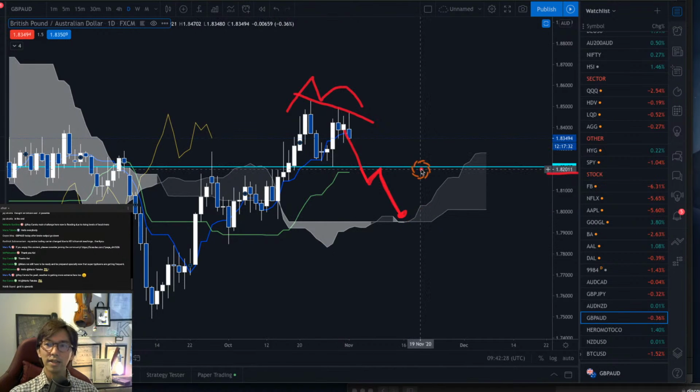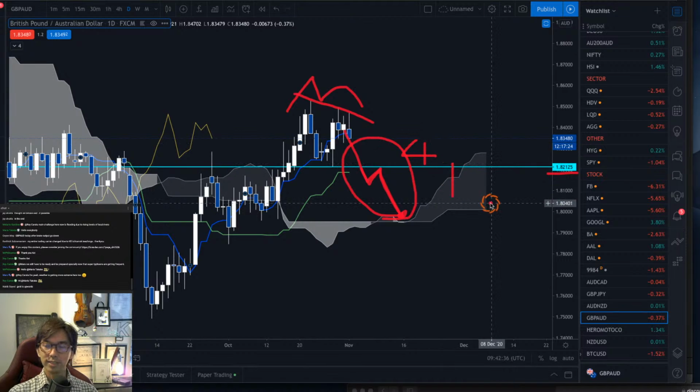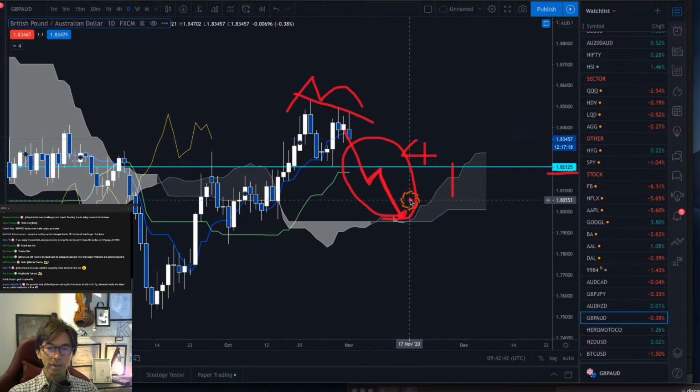Because this is a daily chart, in this area you might see a downtrend in the 4-hour or 1-hour chart, and if that happens in lower time frames, then you can ride on this 4-hour or 1-hour chart downtrend.